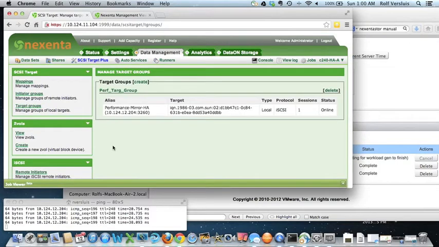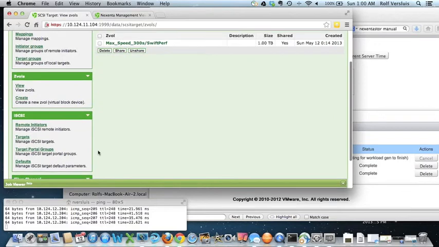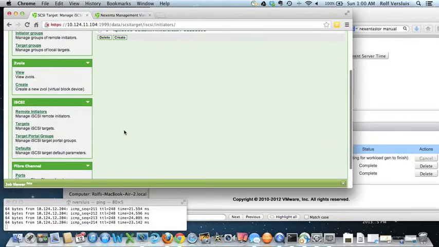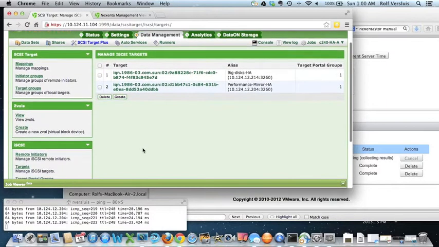One of them is for a set of high performance mirrors, which has also SSD acceleration and mirrored log write acceleration, and this is the iSCSI name that we used to hook up from the VMware side of things.